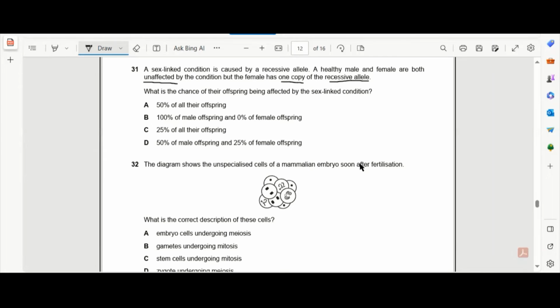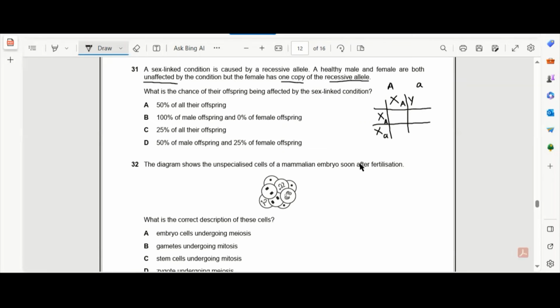Okay, if we draw a Punnett square and take capital A as the dominant and small a as the recessive, and cross, one will be dominant and another one will be recessive.